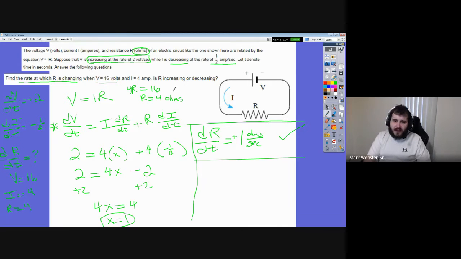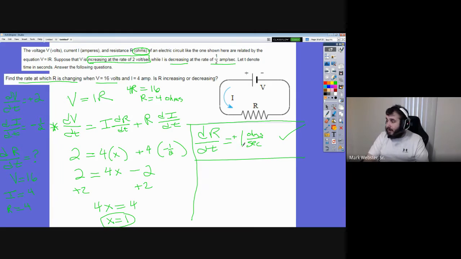So now they're asking, is r increasing or decreasing? Is the resistance in the circuit getting bigger, or is it getting smaller? Well, if we look, the rate is positive. The speed is positive. If you're driving a car and your speed is positive, are you going forward or going backward? You're going forward.